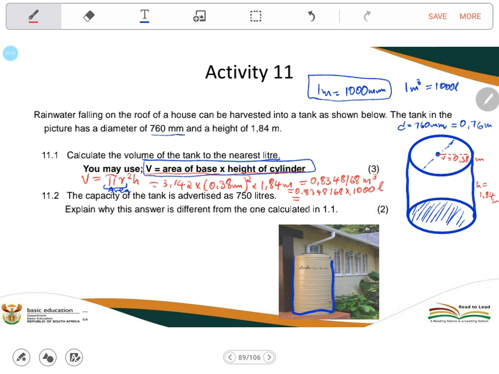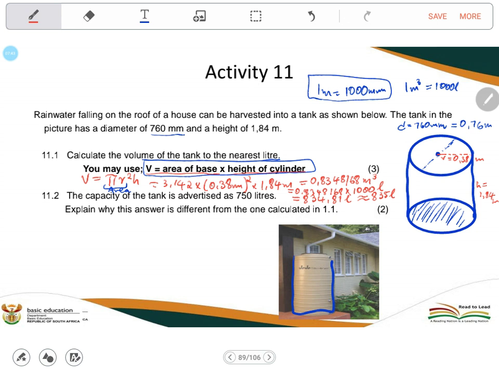This should give us a total of 834.88 liters, which we will round off to 835 liters. I've clustered so many things in one small area, but I hope you can see that. So we have answered 11.1.